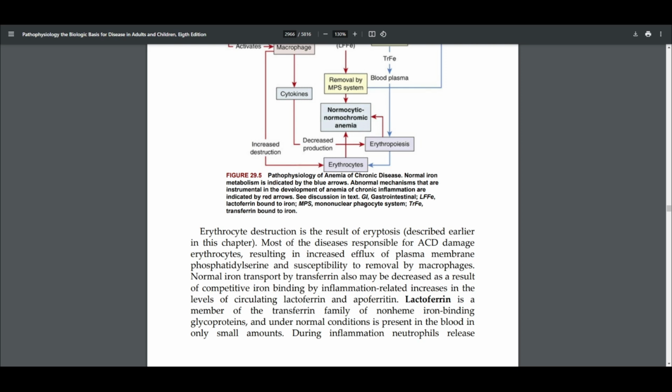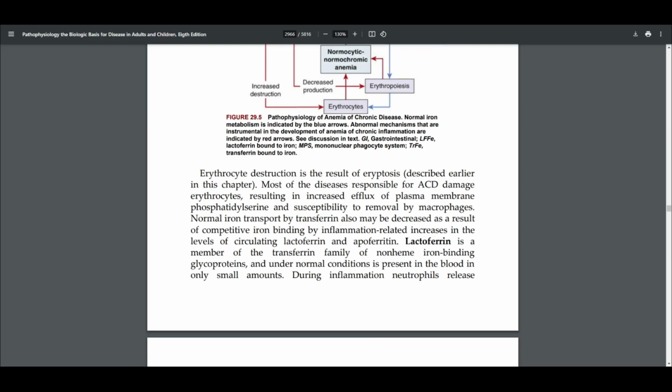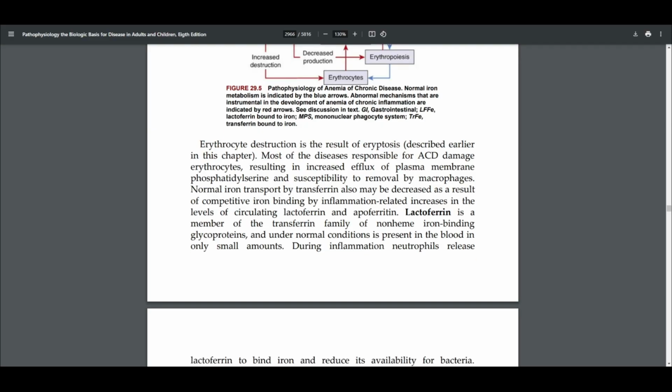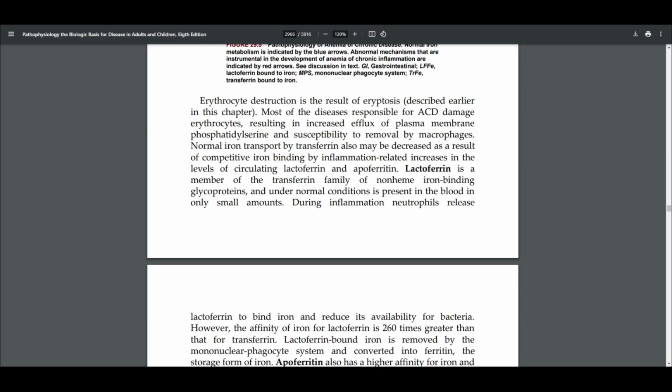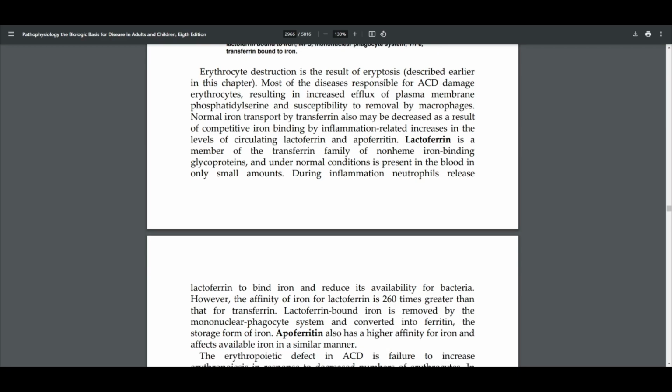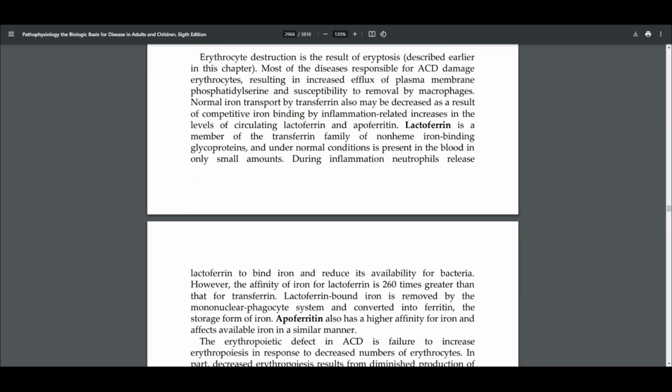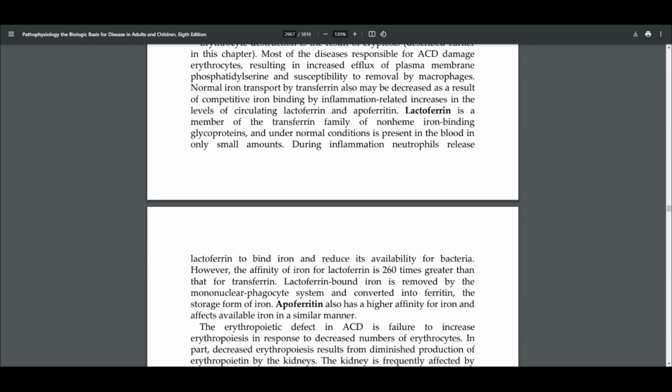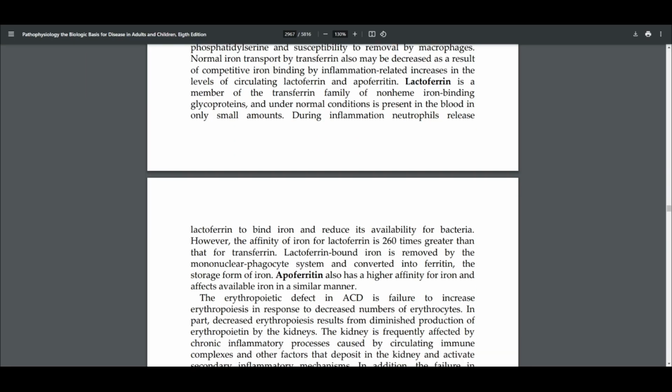Lactoferrin is a member of the transferrin family of non-heme iron-binding glycoproteins and under normal conditions is present in the blood in only small amounts. During inflammation, neutrophils release lactoferrin to bind iron and reduce its availability for bacteria.